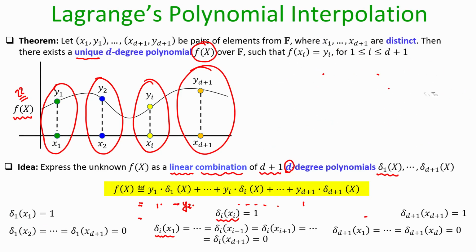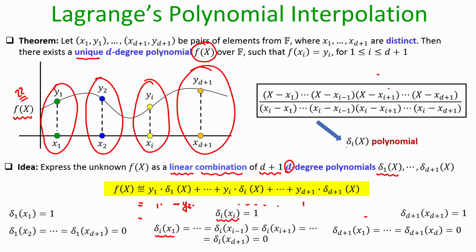Now, if you want to see the structure of the delta I x polynomial, this will be the structure of your delta I x polynomial. So, in the numerator you can see I have the terms of the form x minus x 1, x minus x 2, up to x minus x of I minus 1. So, basically the term x minus x I is missing in the numerator.